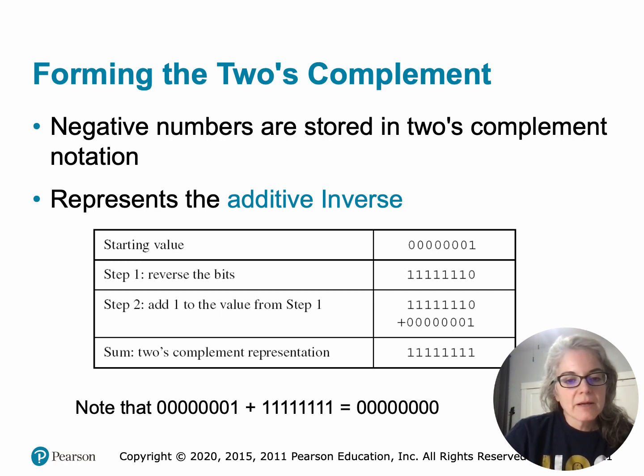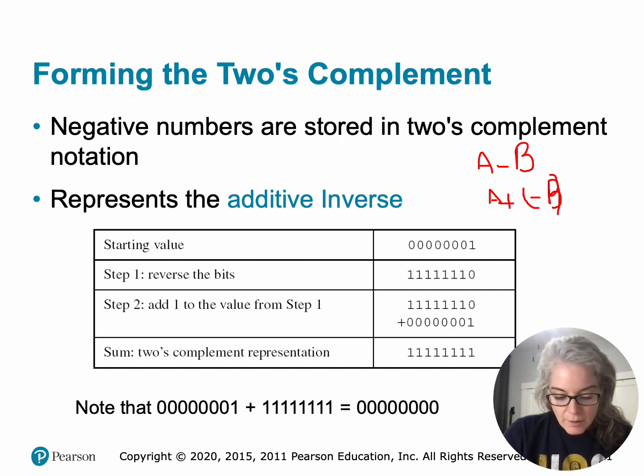So let me write it down here: a minus b is the same as a plus negative b, right? The processor takes this and converts it to this expression.